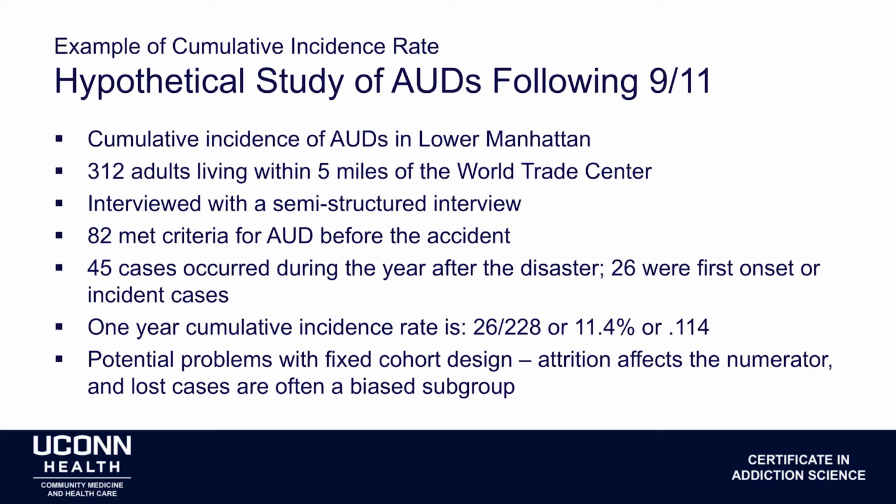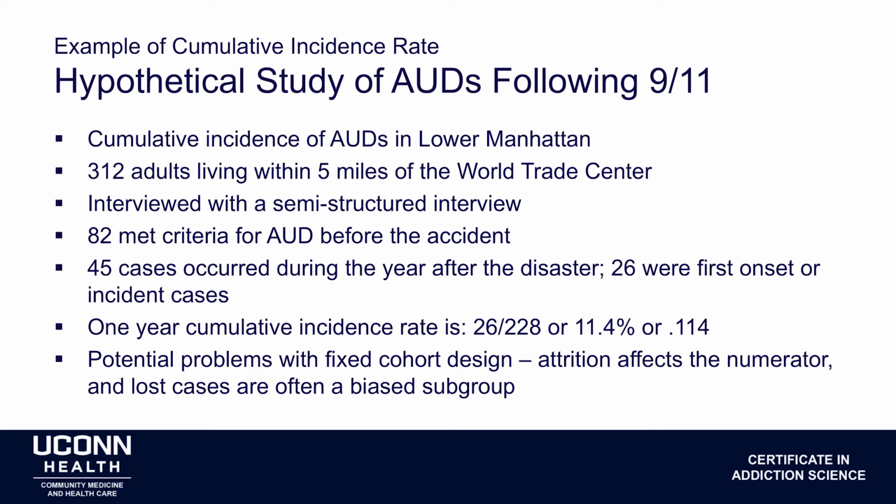For example, after 9/11, alcohol use disorder has been increasing. We look at 312 adults living within 5 miles of the World Trade Center, and I interview them. 82 meet criteria for AUD. 45 cases occurred during the year after the disaster, and 26 were first onset.